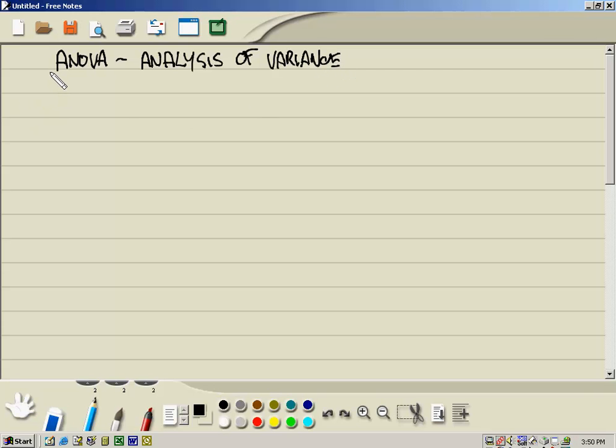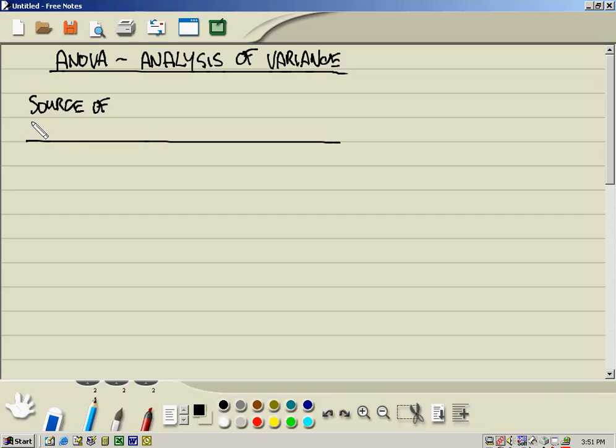This helps us with the information we need to do the test, but it also gives us, some of us anyway, a better understanding of what the regression is trying to do. So let's create a table here. In the first column we'll talk about the source of the variation.